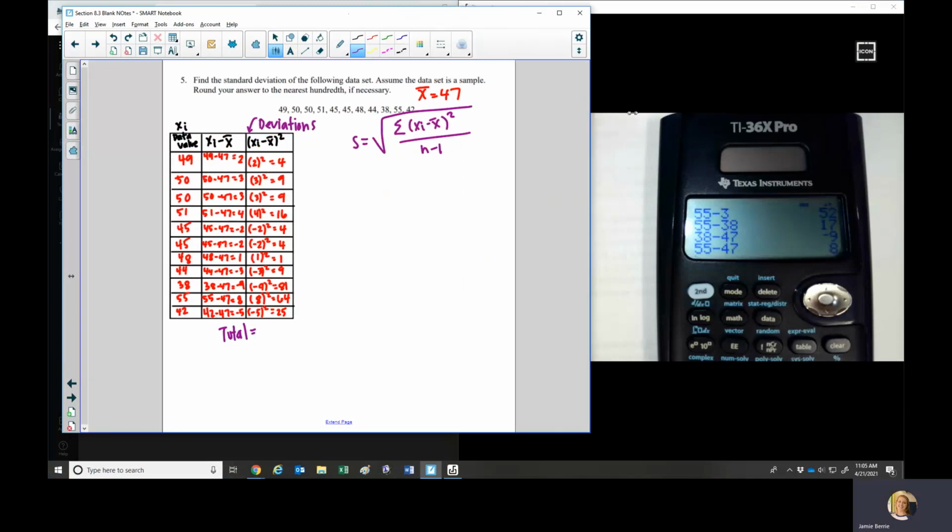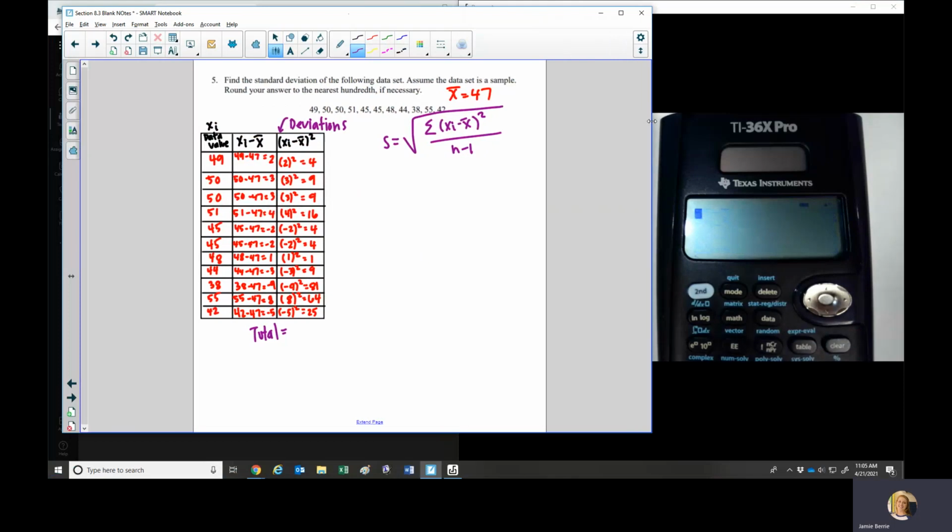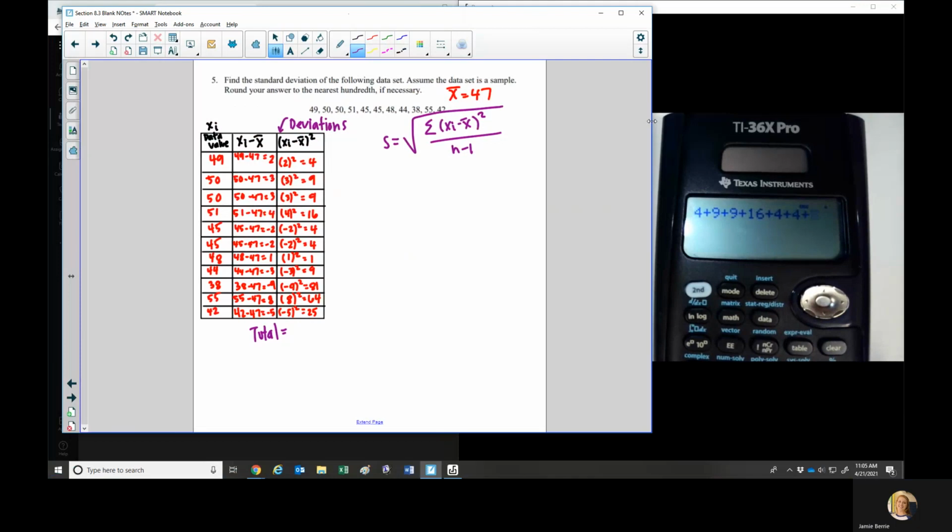We have 4 plus 9 twice, 16, 4 twice. Be careful adding these up. Plus 1, plus 9, plus 81, plus 64, plus 25. There's our numerator, 226.